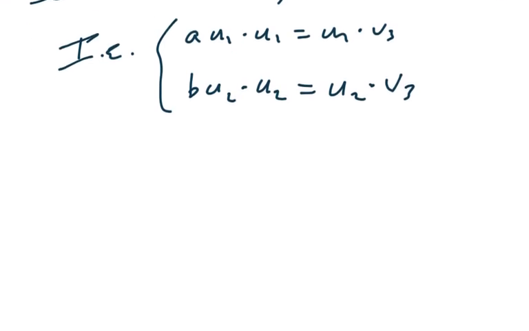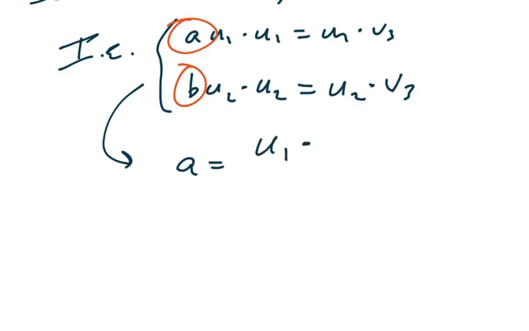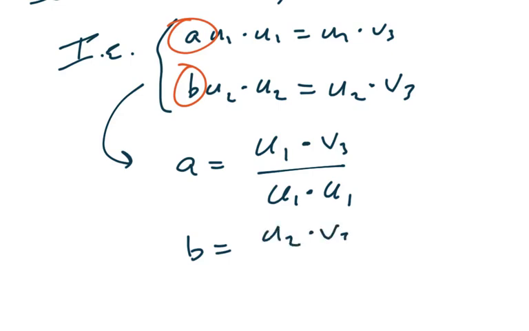And remember, the values of a and b are really the things that we care about from this. So we can solve this for a and b, and we would get the following. A should be u1 dot v3 over u1 dot u1, and b should be u2 dot v3 over u2 dot u2.